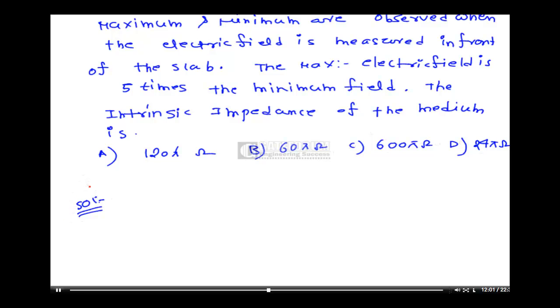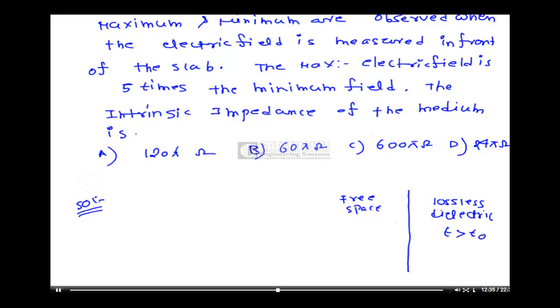first of all, what are the given things? A plane EM wave propagating in free space is incident normally on a large slab of lossless non-magnetic dielectric material. So medium 1 is free space, and this is a lossless dielectric characterized by epsilon greater than epsilon naught, that is, it has some epsilon r value obviously.